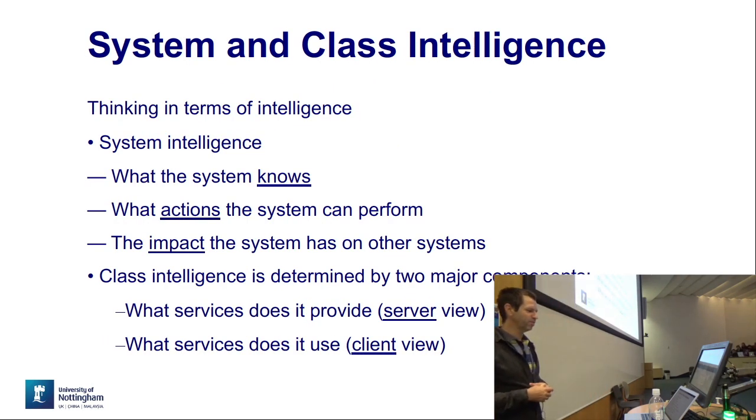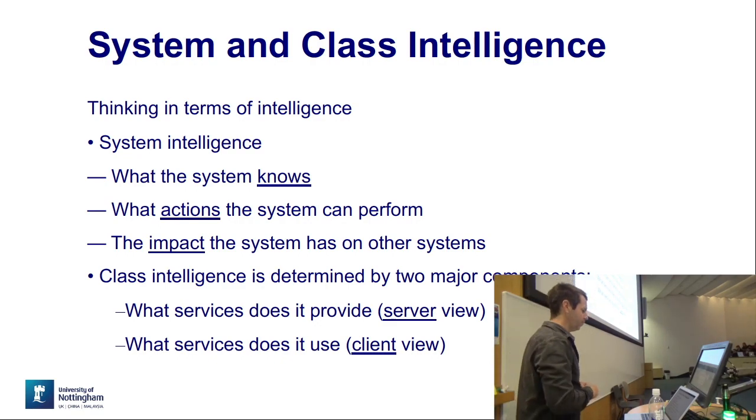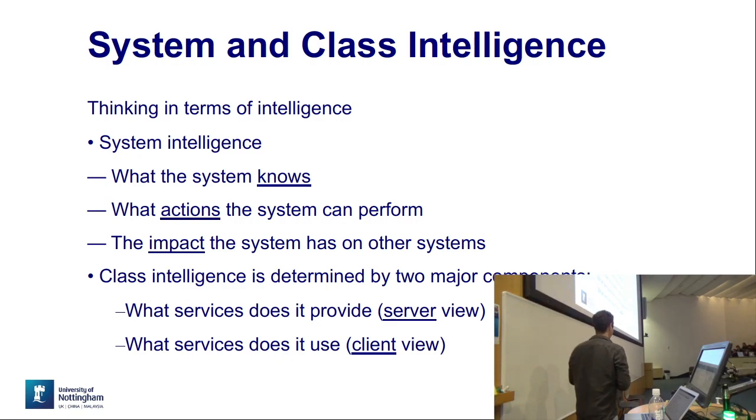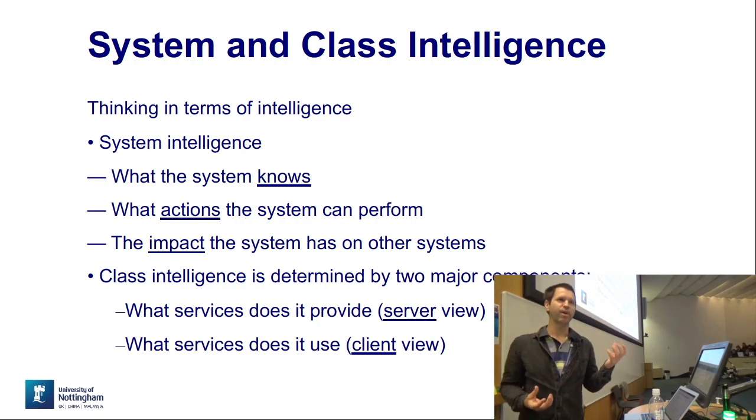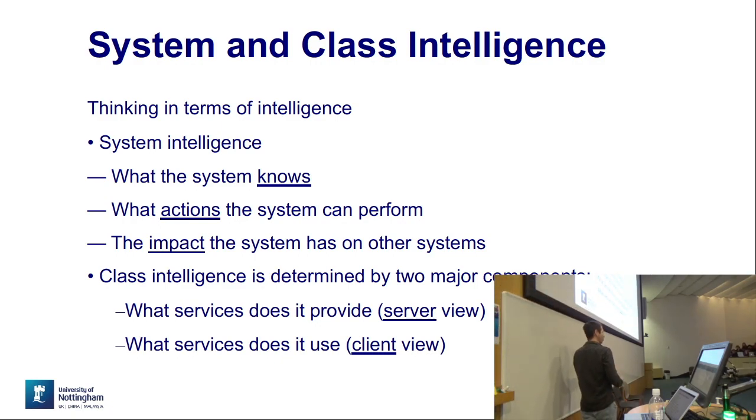So thinking in terms of intelligence, you can think of intelligence in very concrete terms: how many methods a class has and how many member variables a class has. The more methods and the more variables it stores, the more intelligent it is. That's the way you can think about that.